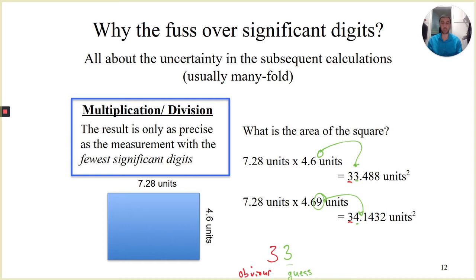So with more testing of this, what we end up discovering is that our rule changes, and it's now not based off of the precision of the number, but the raw number of Sig Figs. 7.28 has 3 Sig Figs. 4.6 has 2 Sig Figs, which means my answer needs to be reported to 2 Sig Figs, and there you go. That's why we had to report 33, with no other numbers.